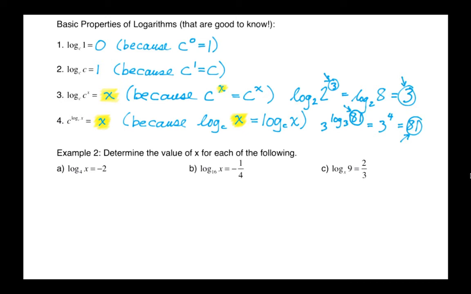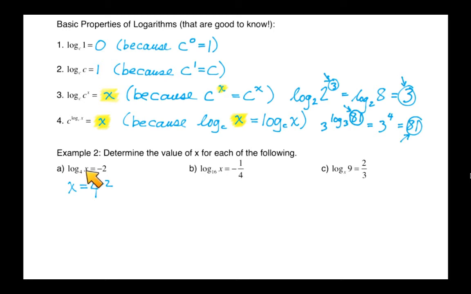All right, let's take a look at what's next here. We want to determine the value of x for each of the following. So if you're looking at an equation, and if you're not sure what the answer is directly, you can always change the form, either from logarithmic to exponential or exponential back to logarithmic. So when I'm looking at this, maybe I want to rewrite this in exponential form, right?